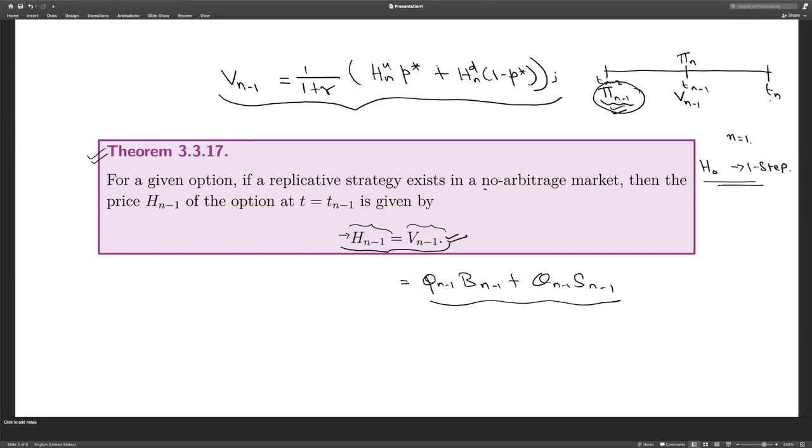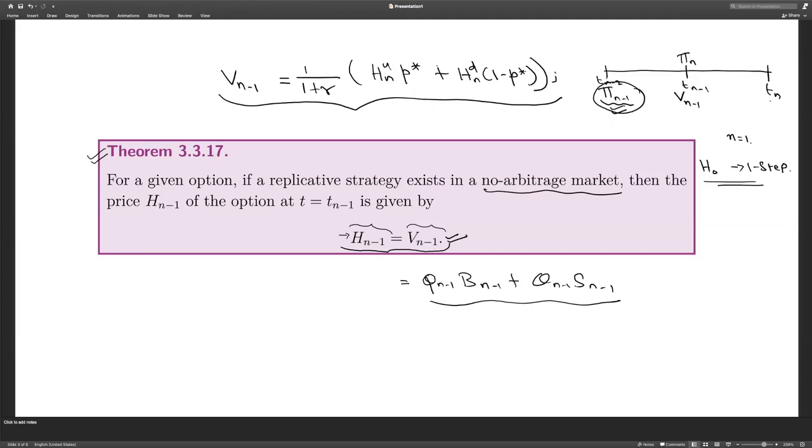Then, since the market is a no arbitrage market, you can assume that if this condition is violated, that is, if Hn minus 1 is less than this quantity, then you can construct an arbitrage portfolio. Similarly, if Hn minus 1 is greater than this quantity, then also you can construct an arbitrage portfolio.